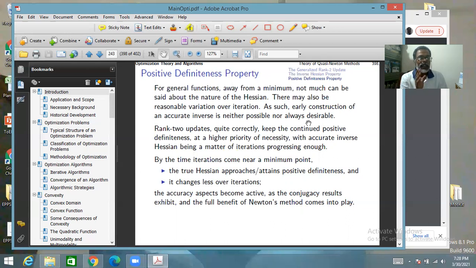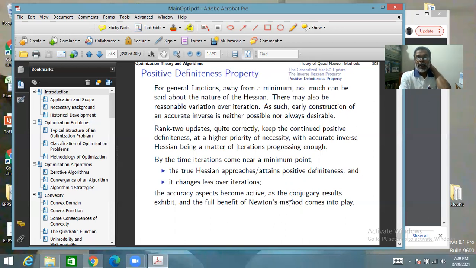So therefore, it is well that rank 2 updates put the positive definiteness at a higher priority than correct inverse Hessian construction. And inverse Hessian construction gets done at leisure when enough iterations have passed and the steps are small, so the inverse Hessian remains constant over steps, more or less, and it has entered a zone of positive definiteness.